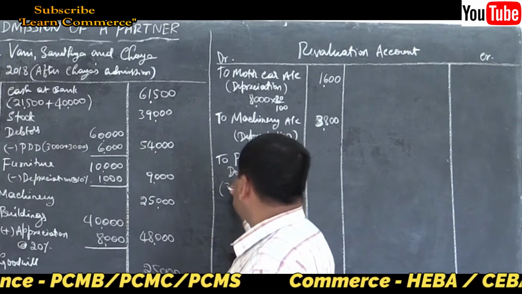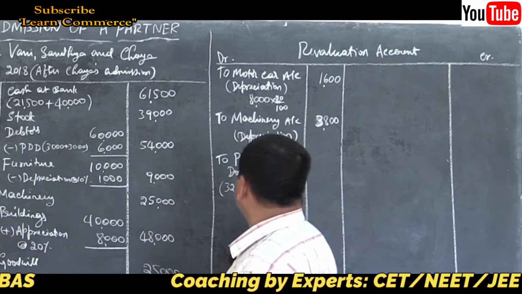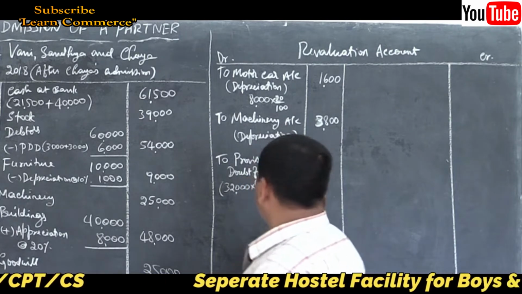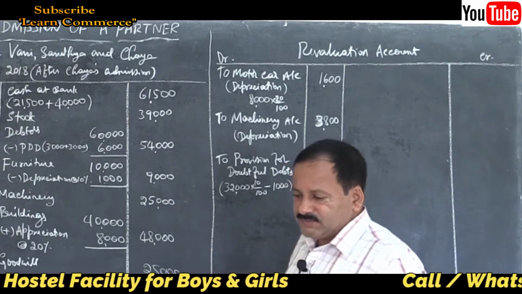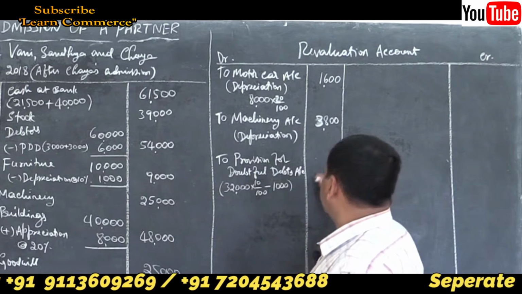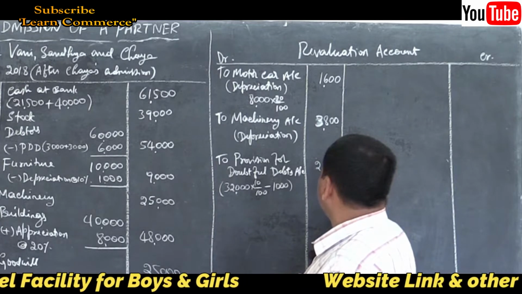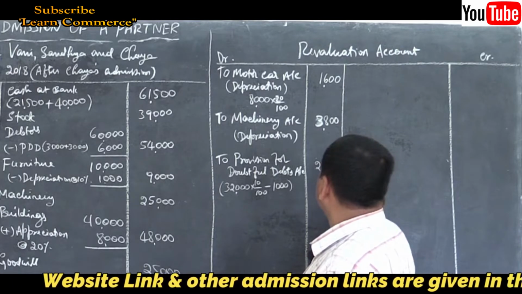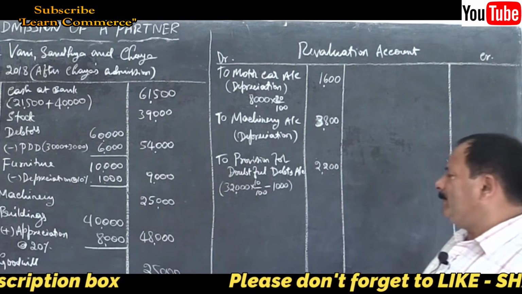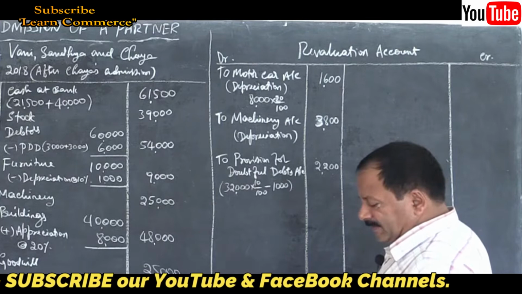Show calculations here: 32,000 into 10%, minus already existing PDD 1,000, right? Yes, it is. So 3,200 minus 1,000, it will be 2,200. That's all on the debit side.